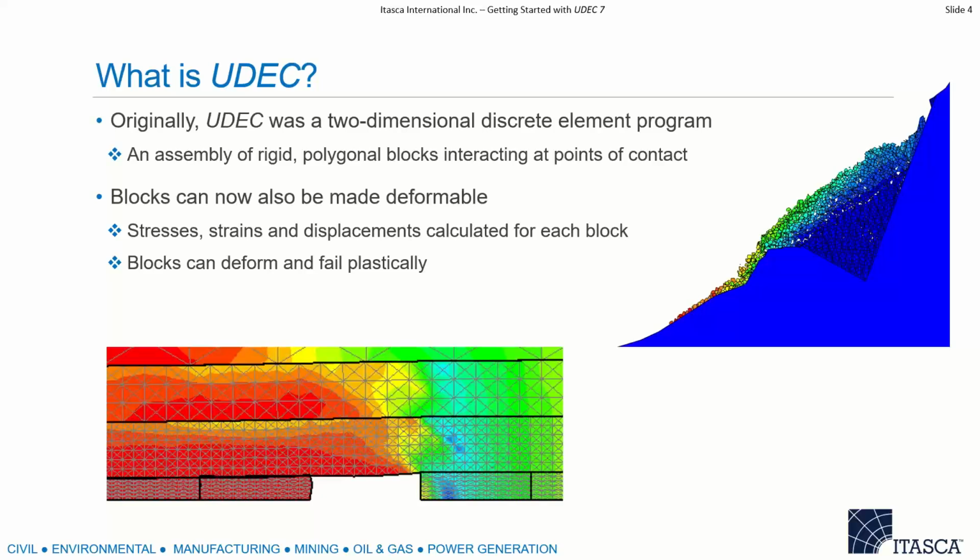So you can see in the bottom plot here, we have some blocks denoted by the thick black lines that have been divided into zones denoted by the gray lines. And you can see how the blocks themselves are deformable, as well as there being interaction at the interfaces between the blocks. So the modern day UDEC is more accurately described as a hybrid continuum-discontinuum program.